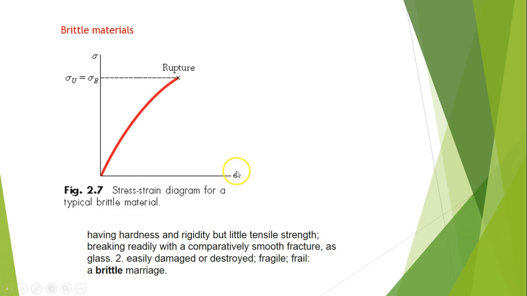So if we draw the strain and stress, we'll get the point where sigma upper is equal to the sigma at point B. Having hardness and rigidity but little tensile strength, breaking readily with a comparatively smooth fracture, as glass, and easily damaged and destroyed. That's why it could be assumed that it is fragile.